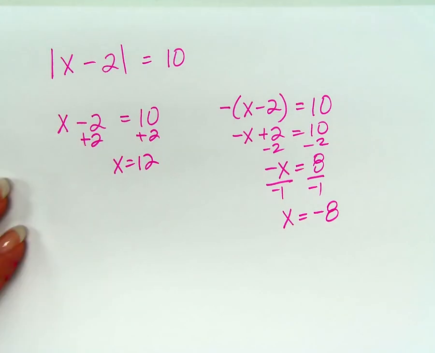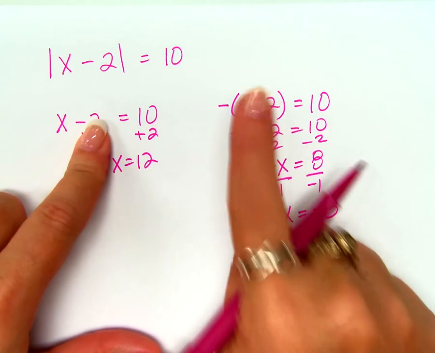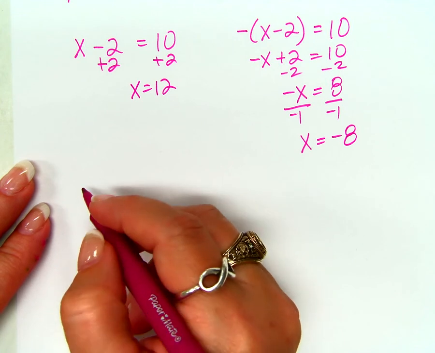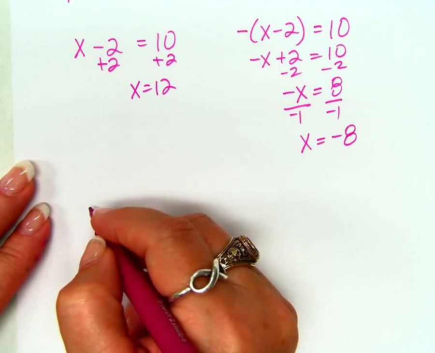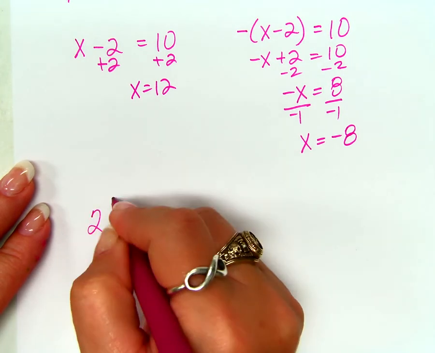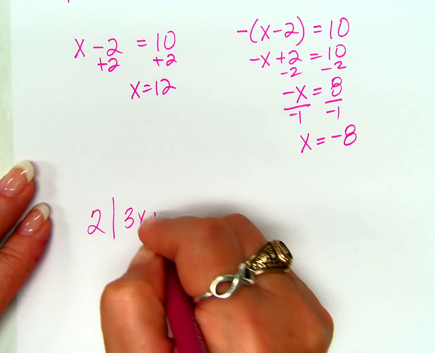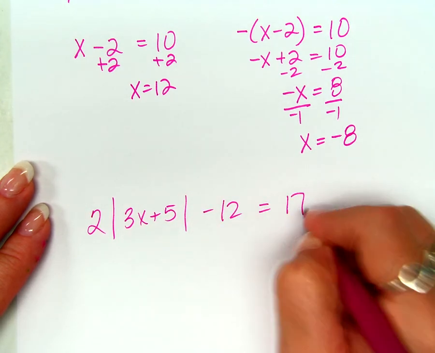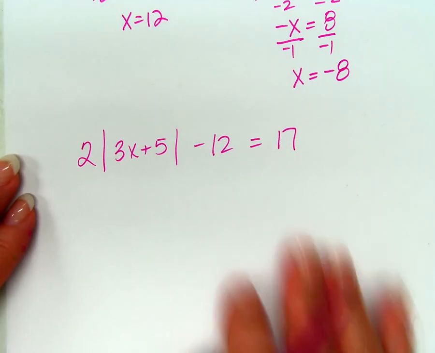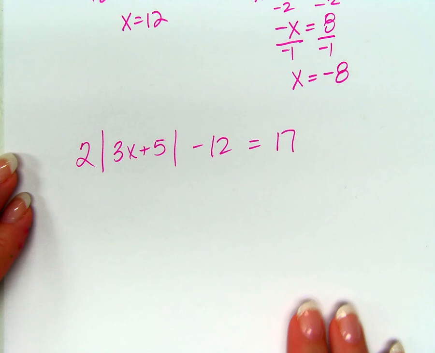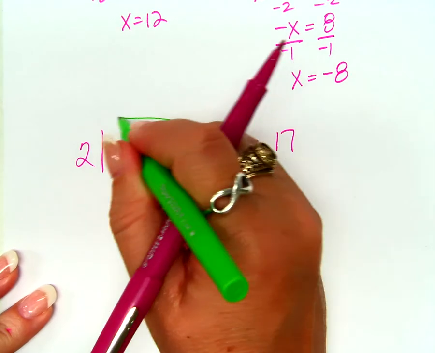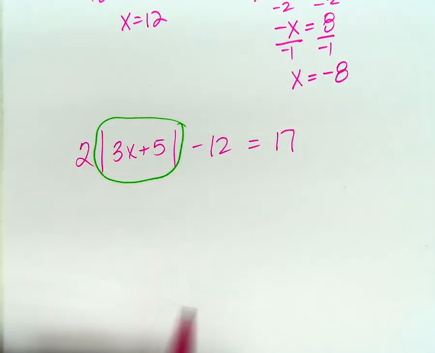Okay? Now, before you can do any of this positive value and negative value, if you had something, for instance, like 2 absolute value of 3x plus 5 minus 12 equals 17, what do you have to do? Yeah, you have to isolate the absolute value part of the equation.